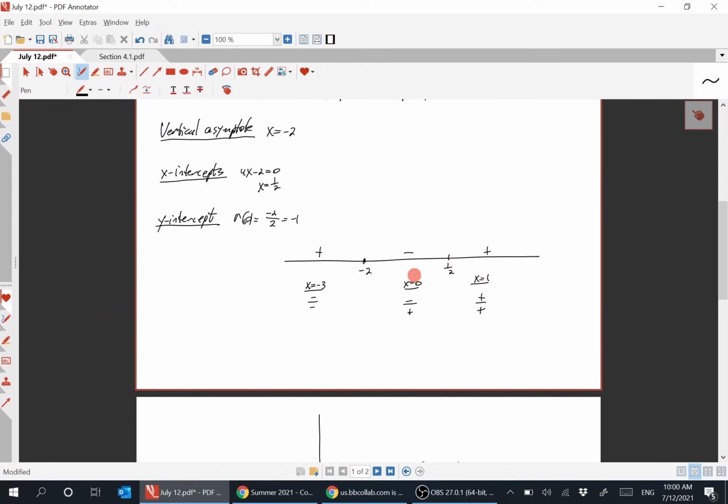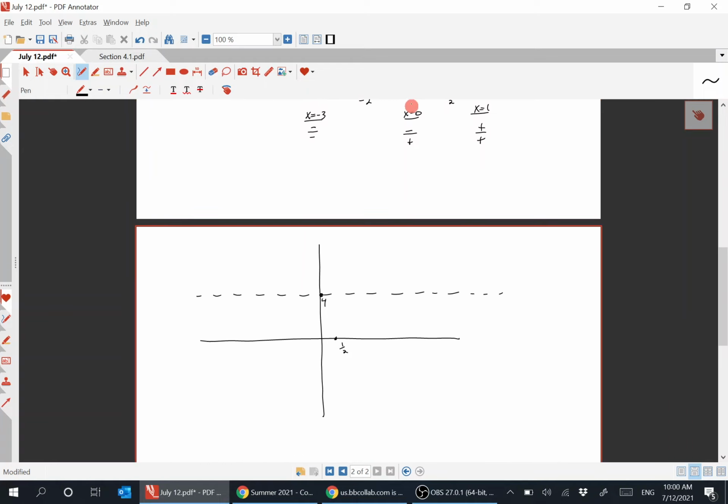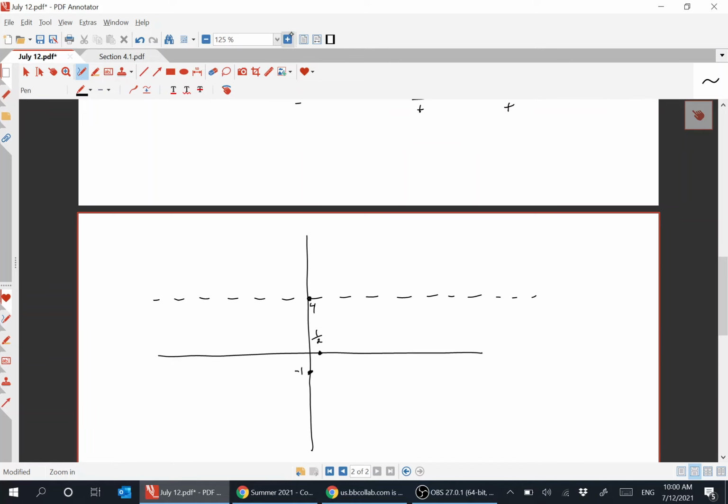Y-intercept at y equal to negative 1, so I guess that'll be right about here. Let's move the 1/2 closer. The x and y axes don't have to use the same scale, but we'll try to do that here. So y-intercept, x-intercept, horizontal asymptote, and then vertical asymptote at x equal to negative 2.